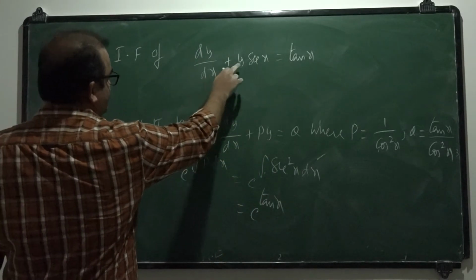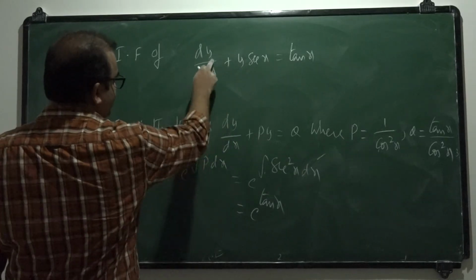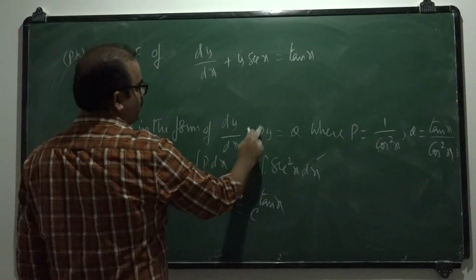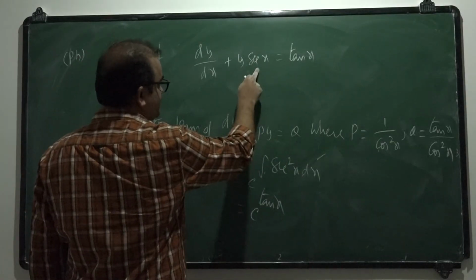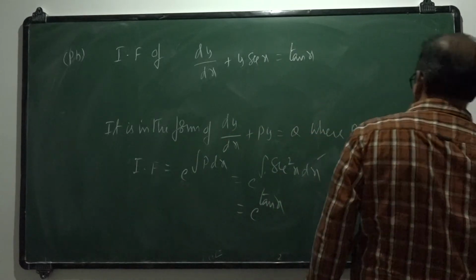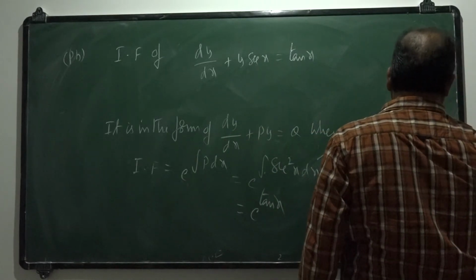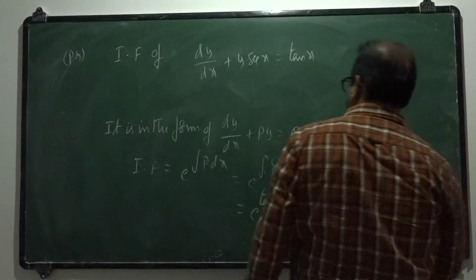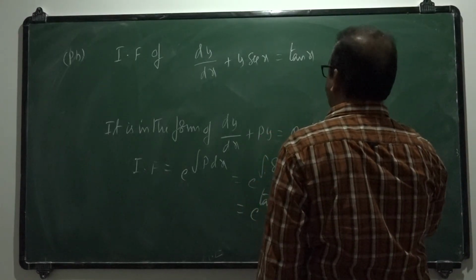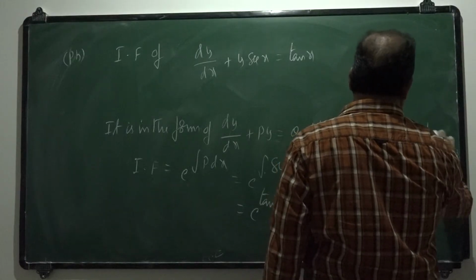Clearly the given equation is in the form of dy by dx plus p into y is equal to q. Then what is p value? P is secant x. Q is tan x.